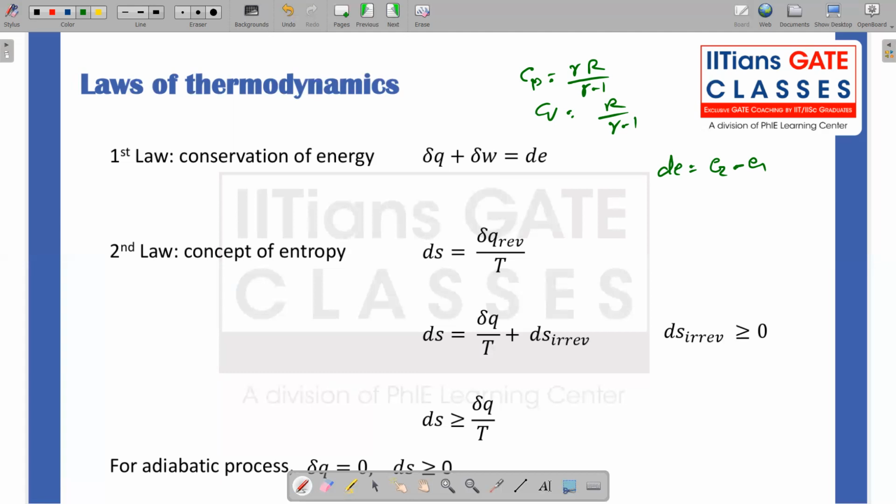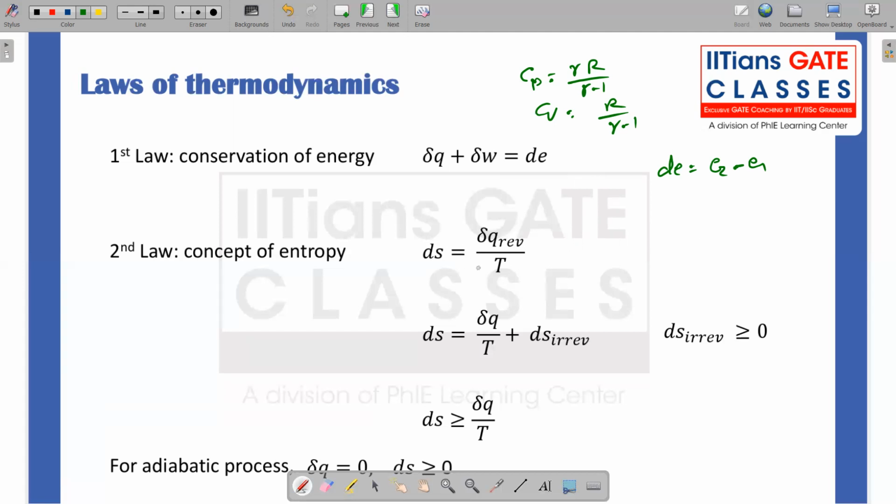The second law has various definitions, altogether called the second law of thermodynamics: there is the Kelvin-Planck statement, there is the Clausius inequality statement. There are different statements, but in a nutshell, the second law relates to the direction of the process, which is related with the change in entropy in the system during the process.